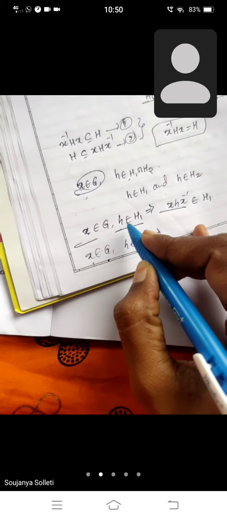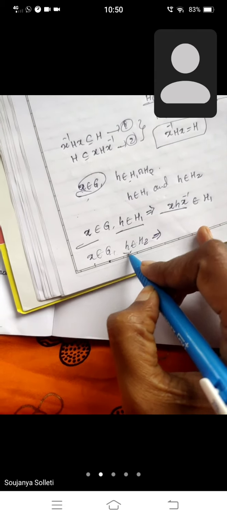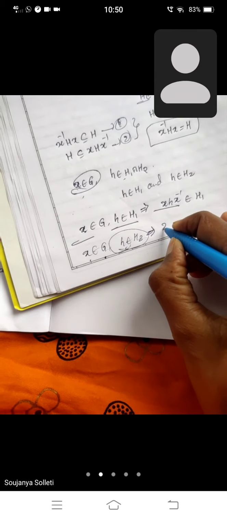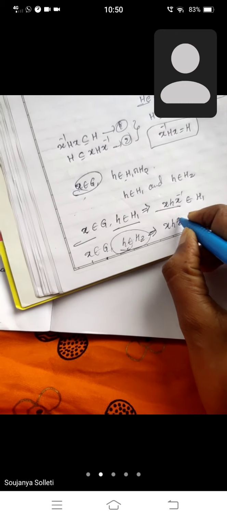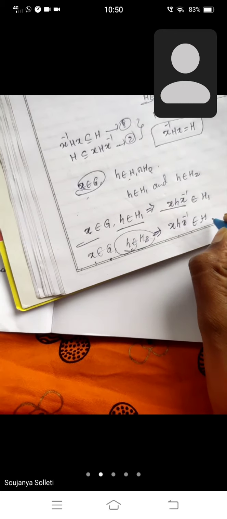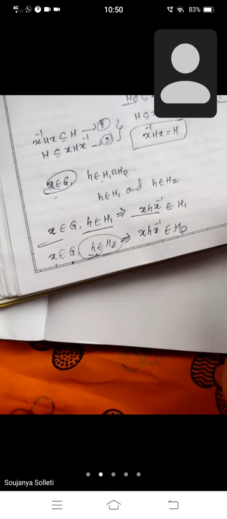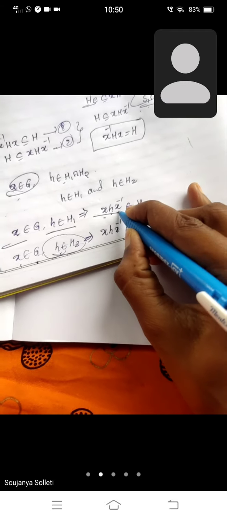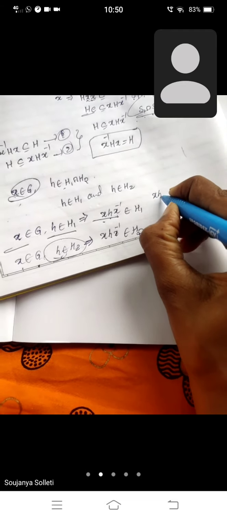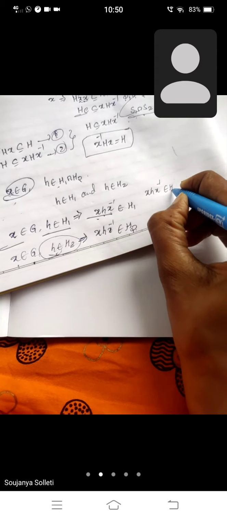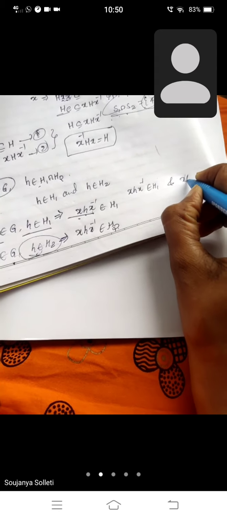Here it is the same: x belongs to G and h belongs to H2. What will we get? x h x inverse belongs to H2. So x h x inverse belongs to H1 and x h x inverse belongs to H2.